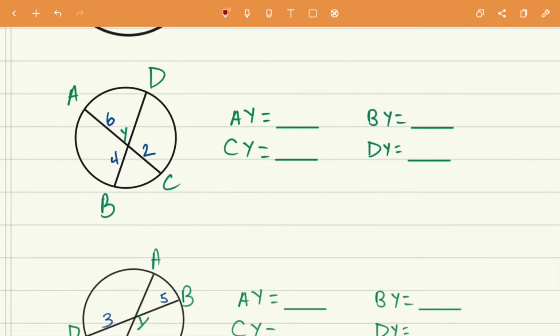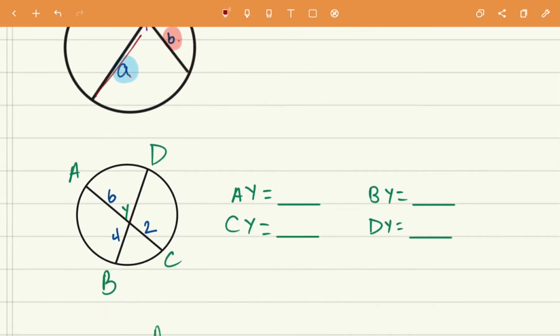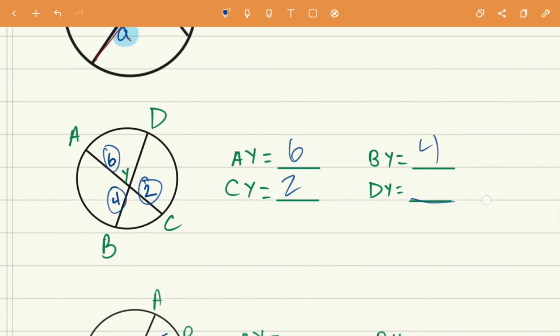So let's just look at an example of that. Another way you might see it is AY, CY, basically with two letters. That is just referring to the endpoints of that segment. So here we have AY, that measurement is 6. BY, that measurement is 4. CY, that measurement is 2. And we need to find DY.